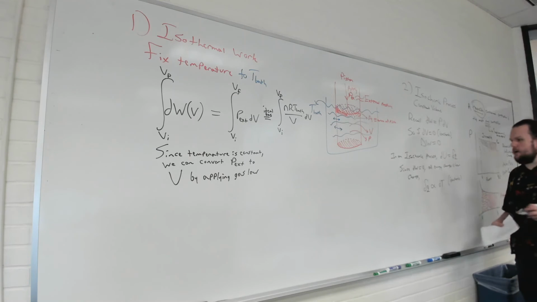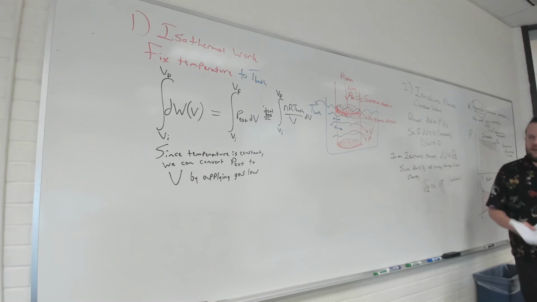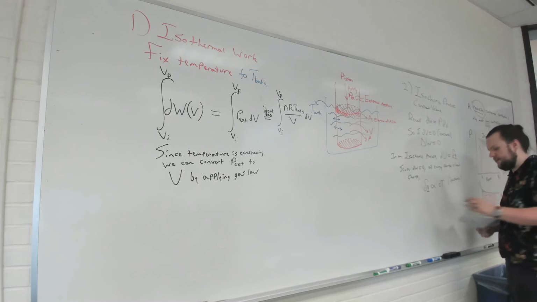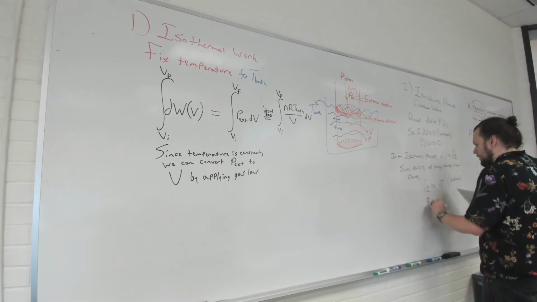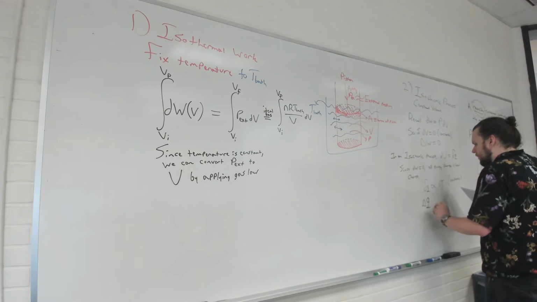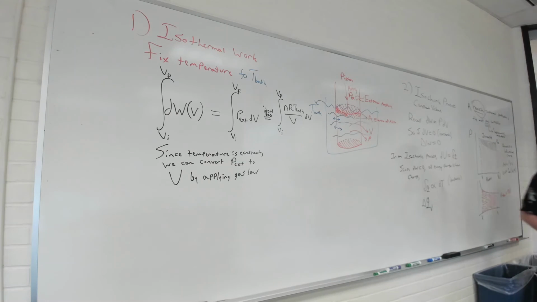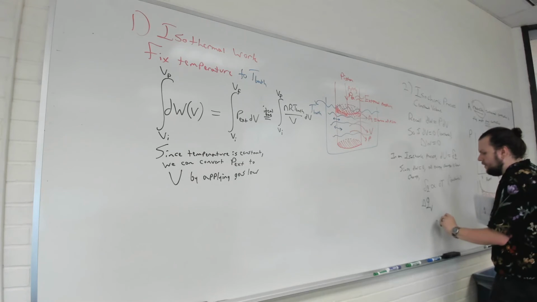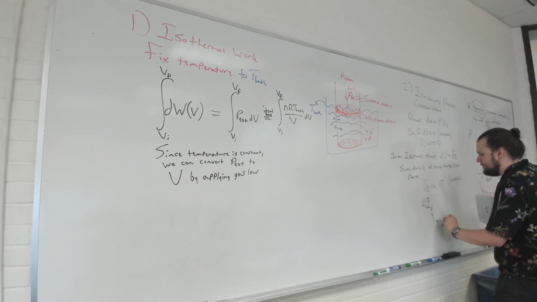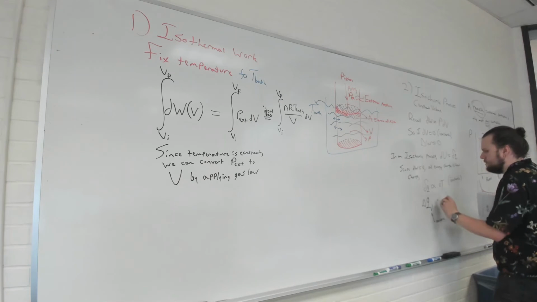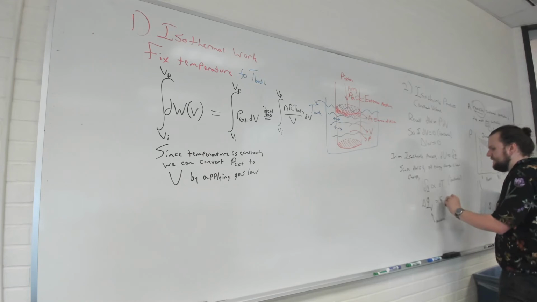Because they're proportional to each other, they're only different by a constant, right? So the change in heat, I'll write sub V, that's constant volume, is equal to a constant C times the change in temperature.